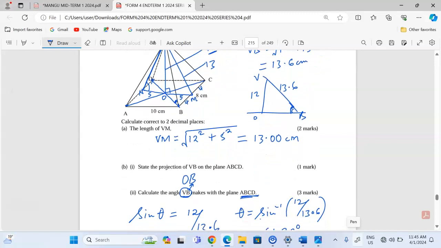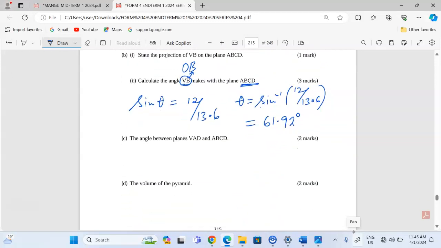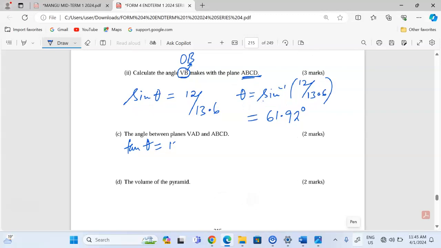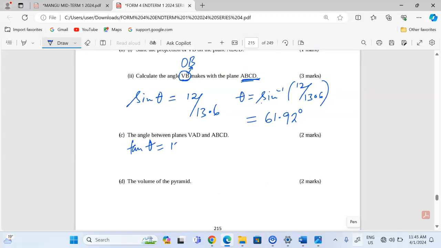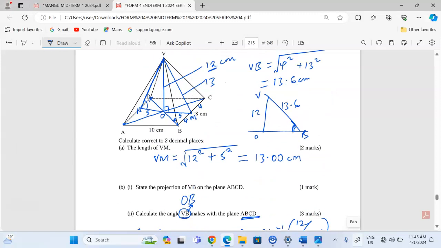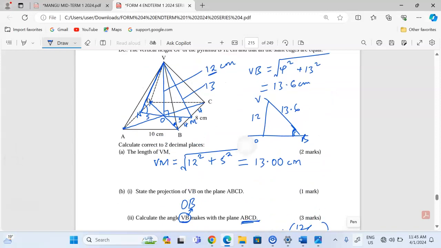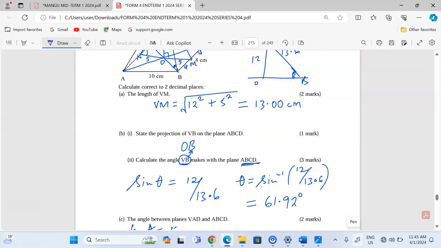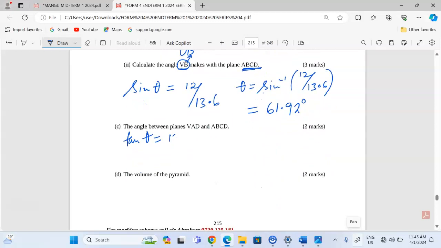I'm going to use tangent: with VON, tan of this angle is opposite over adjacent, that is 12 over 5.